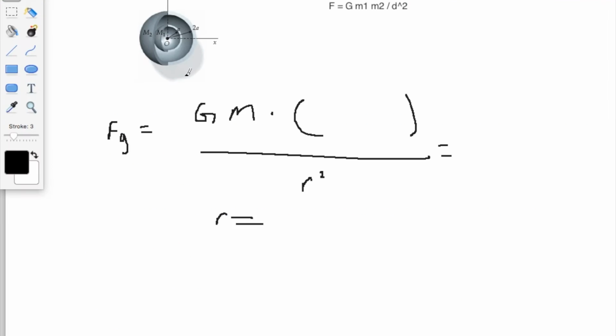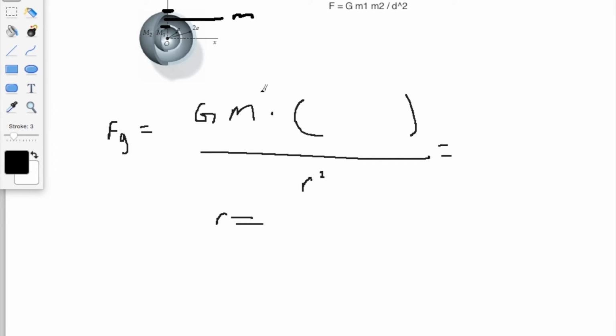You see, according to the problem, this big shell m2 is 2a away. That means the point mass m is somewhere in between m2 and the outer layer of m1. But because it's inside m2, m2 doesn't have a gravitational force on it.